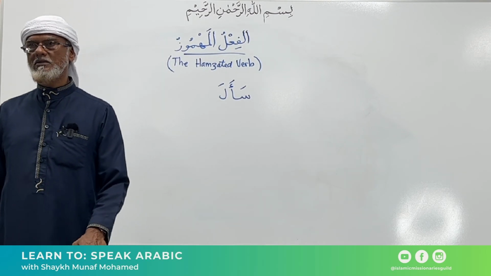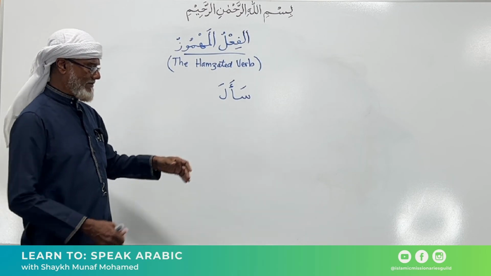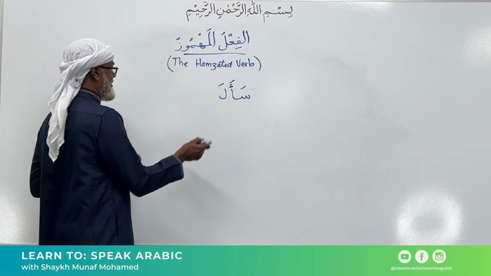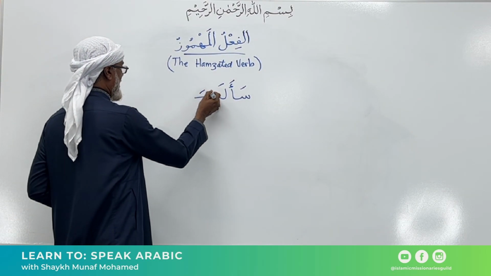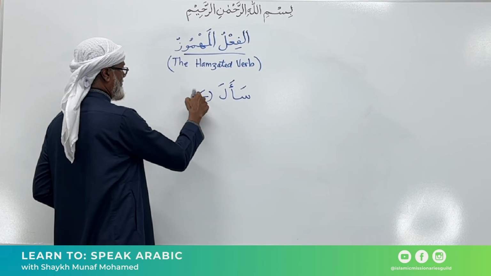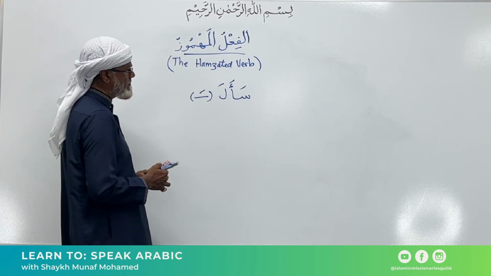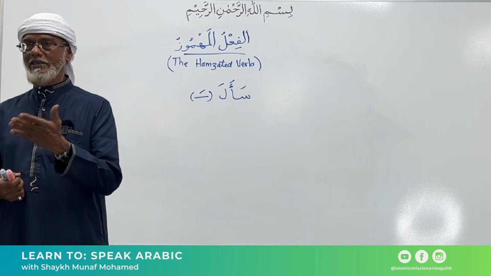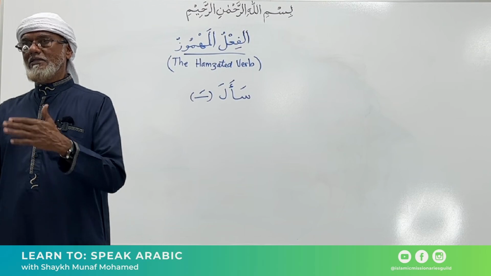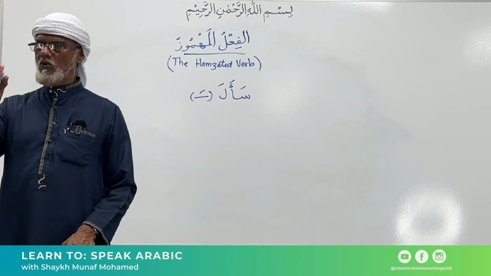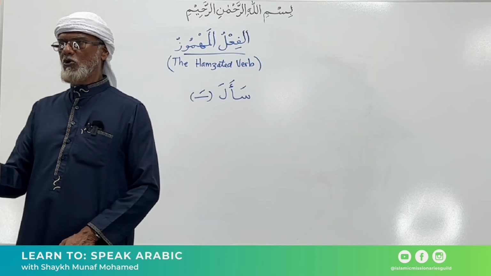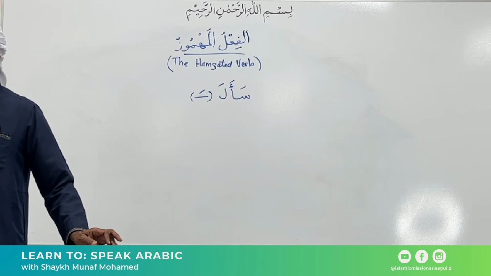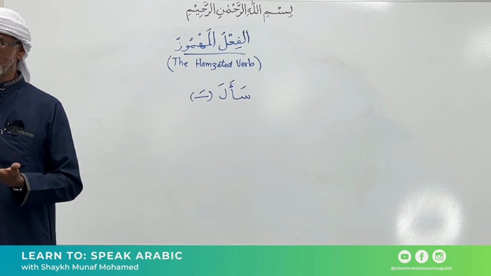All right? So, yas'alu. Present tense, sa'ala. Yas'alu. Fatha. Okay? So, yas'alu. He, huwa, yas'alu. She will be tas'alu. You, one person, tas'alu. You, female, tas'alina. I, as'alu.